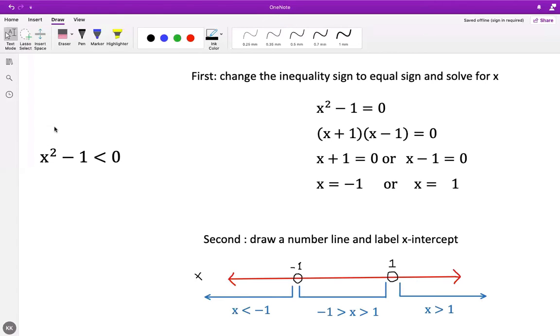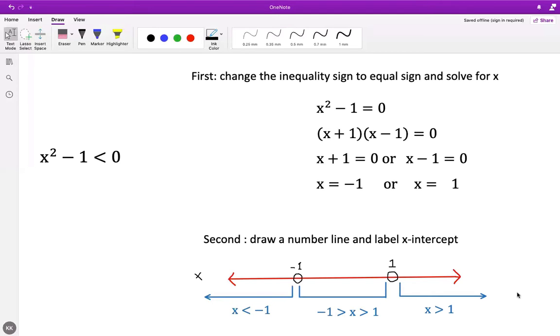So my goal is to figure out in which x interval the inequality is satisfied. I have three intervals here: x less than -1, -1 to 1, and x greater than 1.